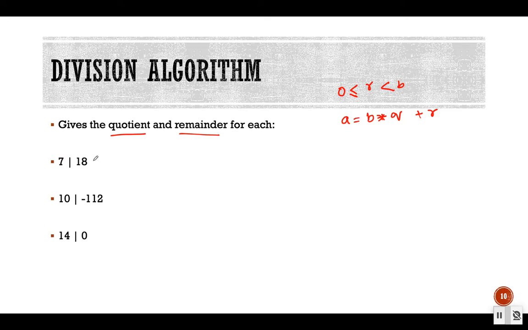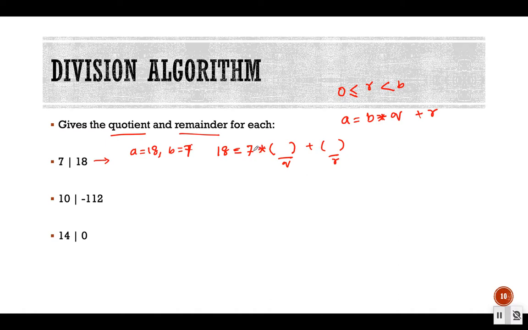In this example, a equals 18 and b equals 7. We are going to find out the quotient and remainder. That means we represent 18 equals 7 times some value plus some value. That will be our q and that will be our r.